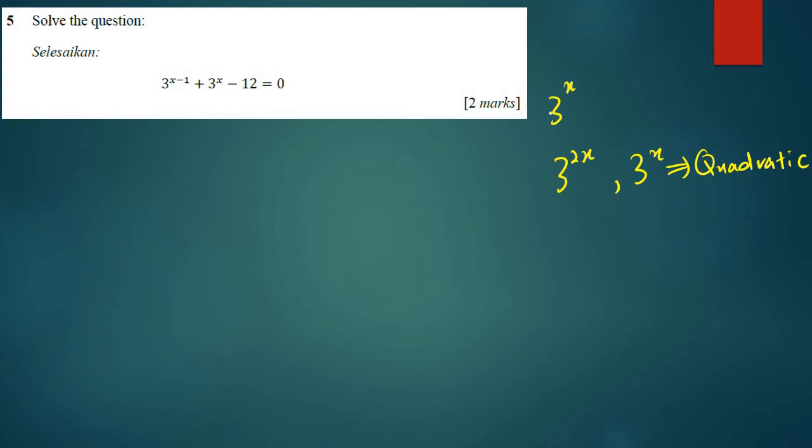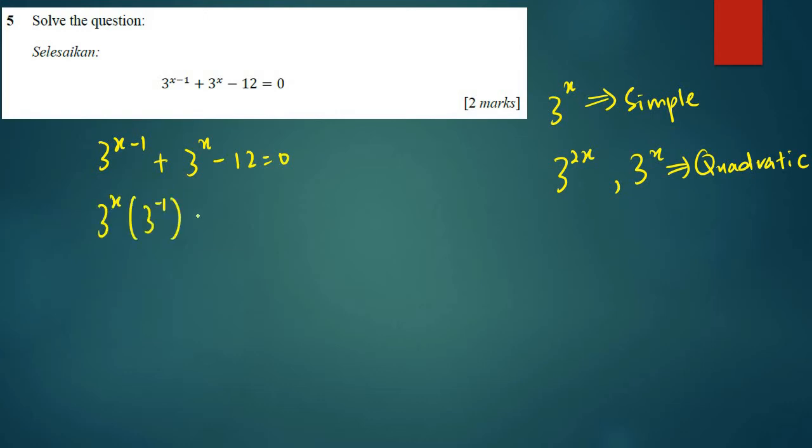Okay, when you see only 3 to the power of x, it means this is a much simpler question. 3^(x-1) + 3^x = 12. Separate the index: 3^x times 3 to the power of negative 1, plus 3^x, equals 12.